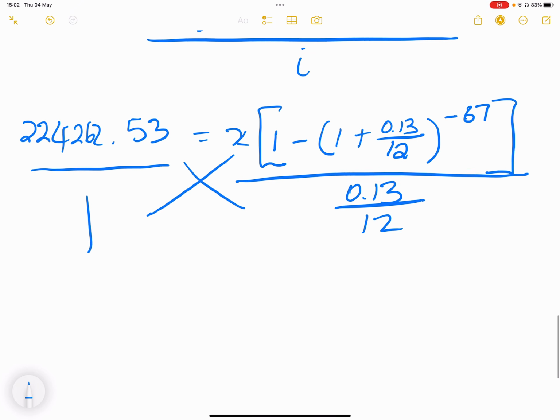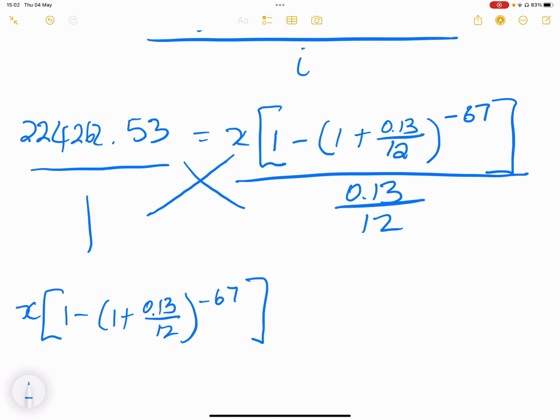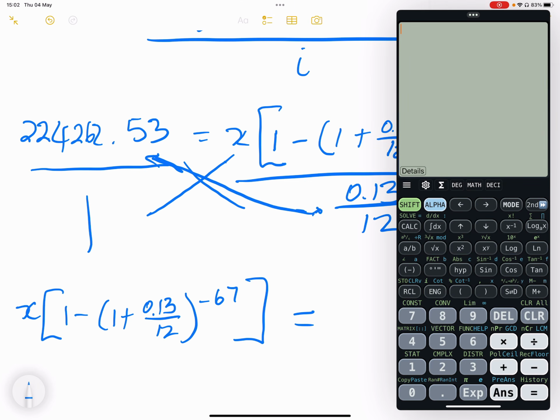Which means I've got X into 1 minus (1 plus 0.13 over 12) to the power of minus 67, which is equal to, now I'm going to take this and multiply by that value.